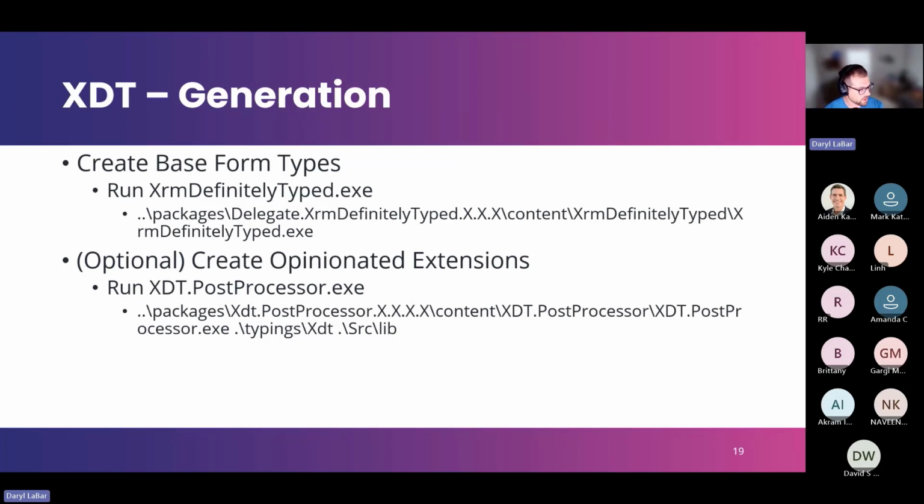Okay. So the actual XDT generation. You're going to run the XRM definitely typed.exe command there to go ahead and generate that based on the settings that we have. And then optionally, this is what I do in my projects, I have this XDT post processor that I talked about before, and this is what I'm using to take whatever the XRM definitely typed generates, and then it utilizes that to add some additional typings and some additional methods.